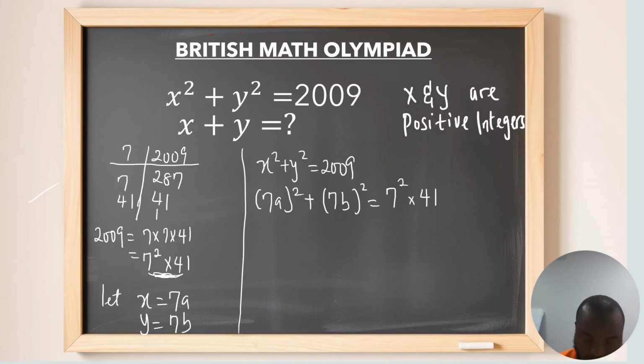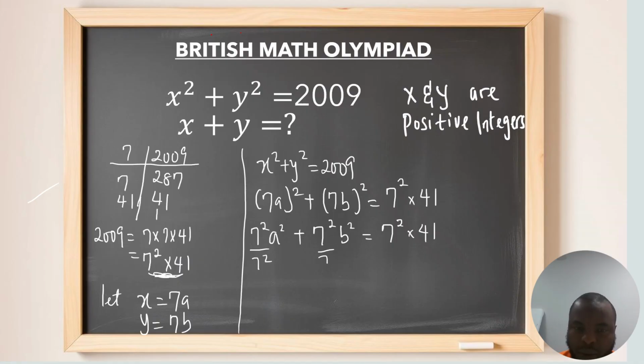Simplifying, we're going to have 7 squared times a squared plus 7 squared times b squared equals 7 squared times 41. Dividing through by 7 squared, this equation can be written as a squared plus b squared equals 41.